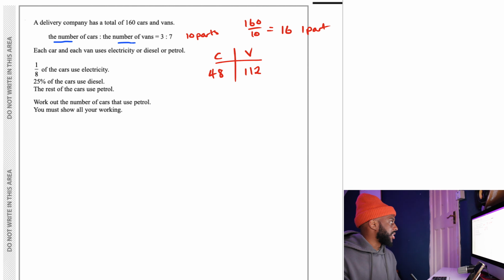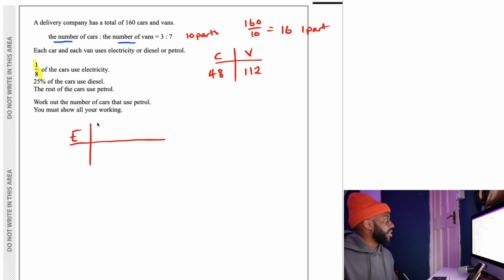Then we look at this next step here. So an 8th of the cars use electricity. So if I do a column there for electricity, an 8th of them use electricity. So we need to do an 8th times 48. So 48 divided by 8, which gives us 6. So 6 cars use electricity. 25% of the cars use diesel, so I'm going to do another column there.